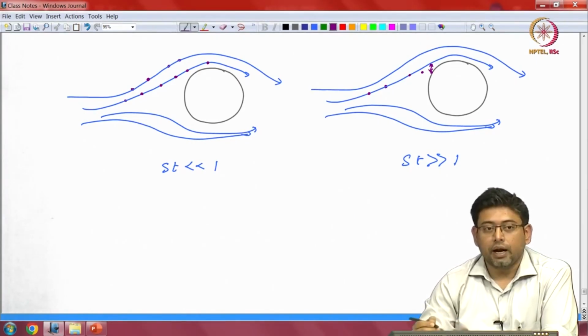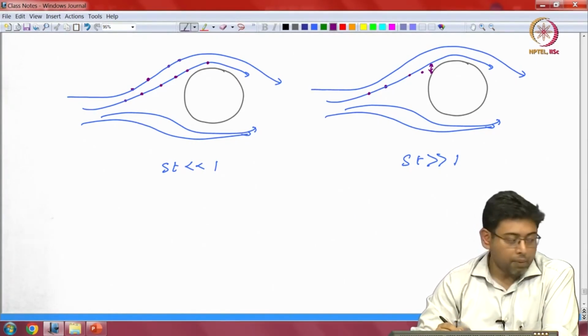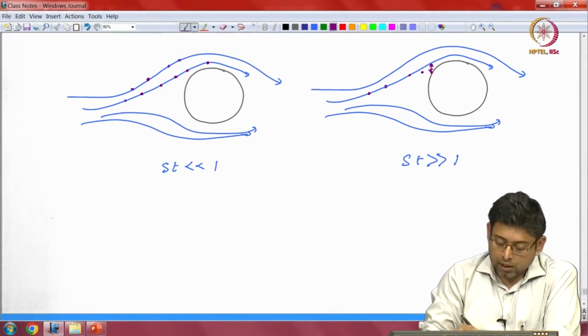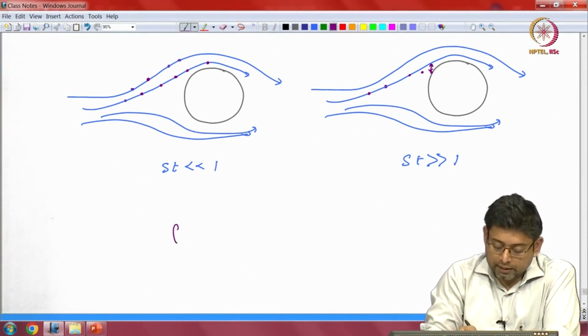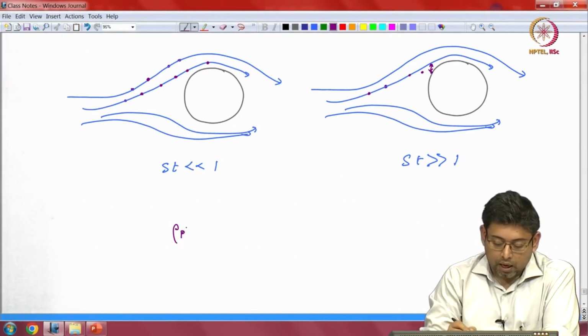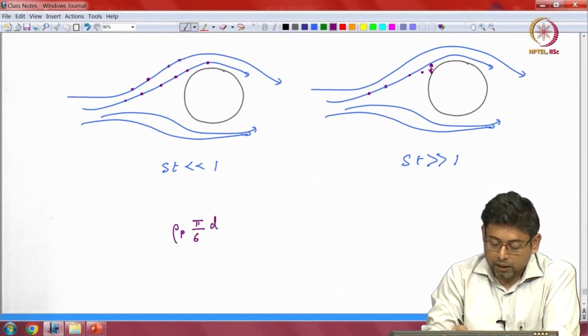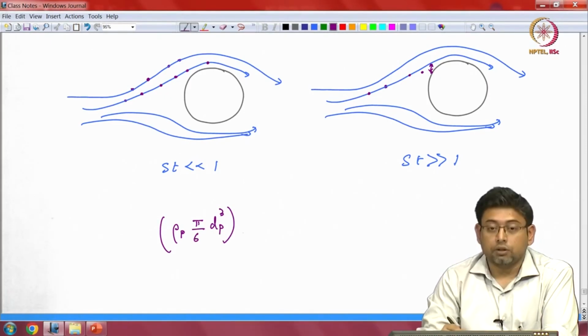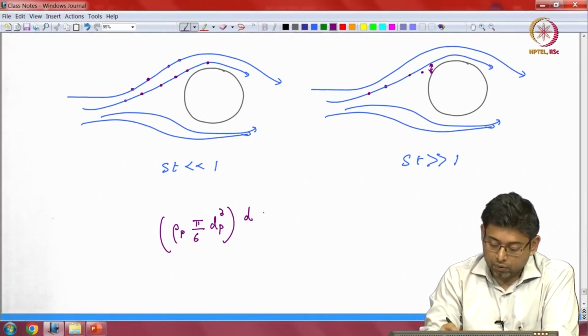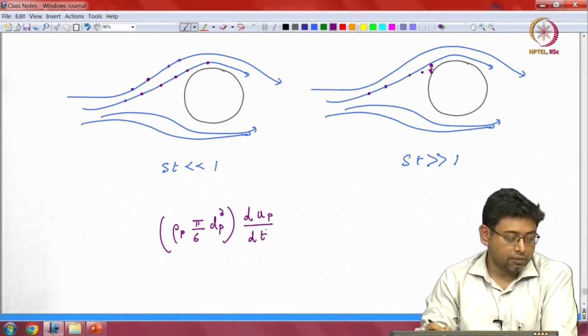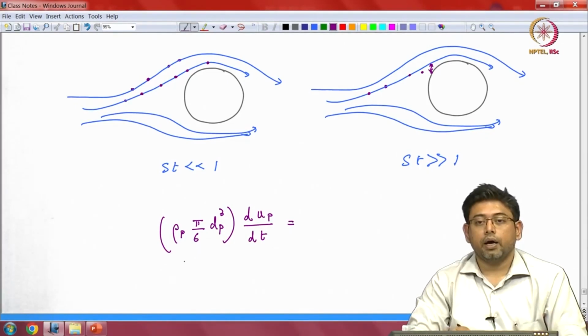So we have to basically write F equal to ma. For a particle of density, let's say rho p, my total mass is rho p pi by 6 dp cube. This is your mass, and I have to now multiply it with du dt, which is my acceleration, right. Okay, so this is my ma part.